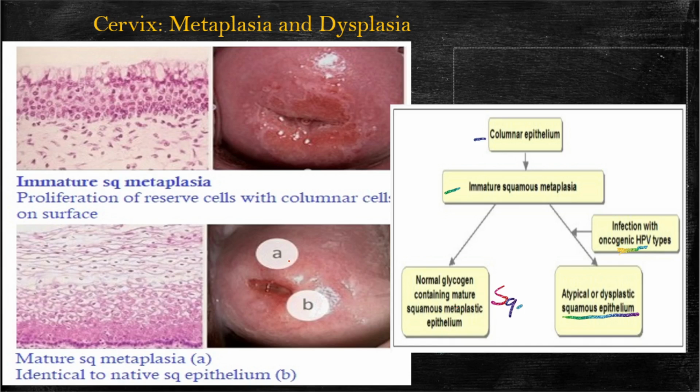So here on this bottom picture, A is showing the mature squamous metaplasia here, kind of further away from the os, whereas right in here, perhaps throughout this area, is more of an area of the immature metaplasia.